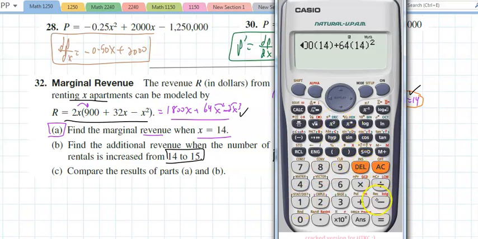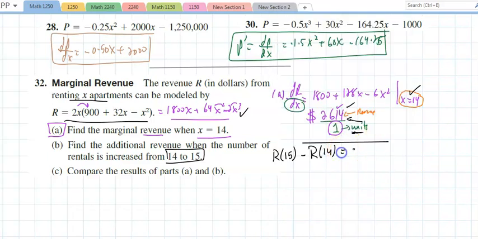Yeah, last time I didn't subtract this; I use parentheses, minus 2 times 14 cubed. 2394. $2,394. So this is saying, instead of renting 14, if you were to go from 14 to 15, you're making extra revenue for that one apartment, $2,394.